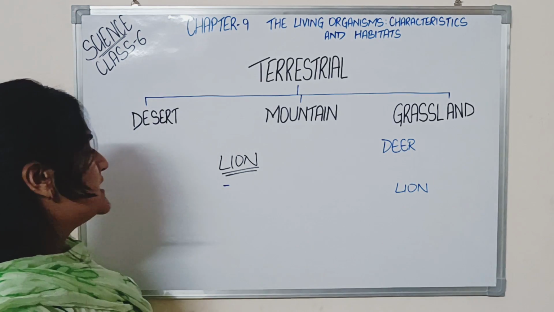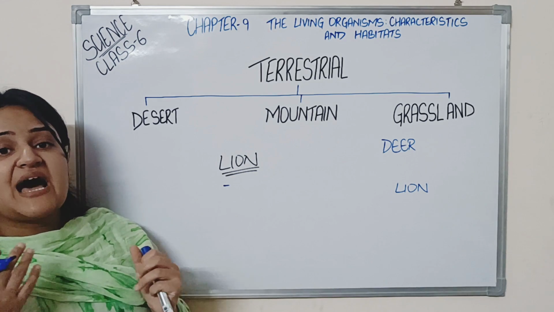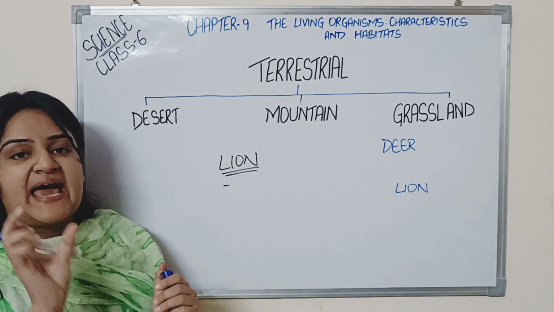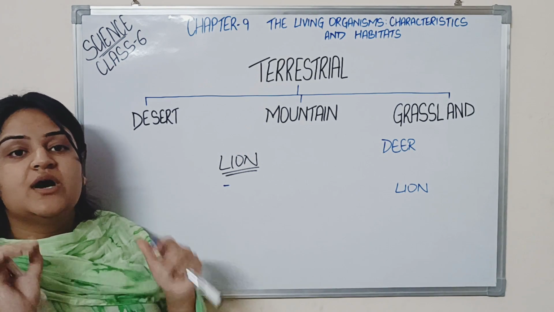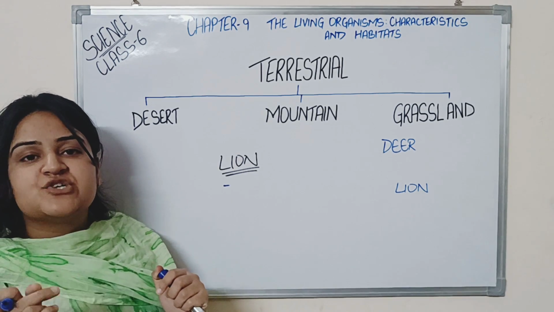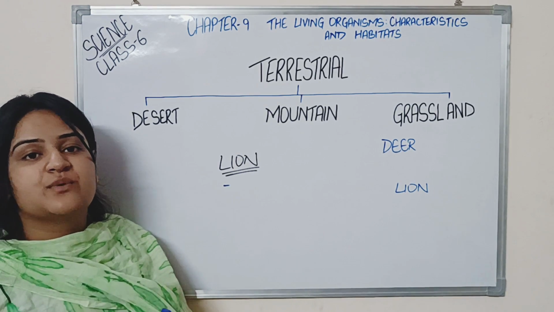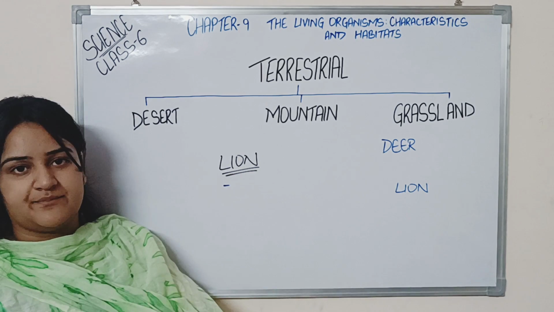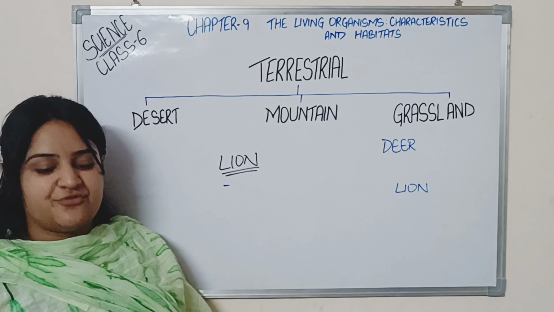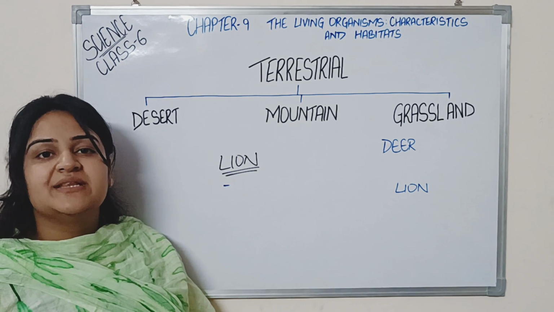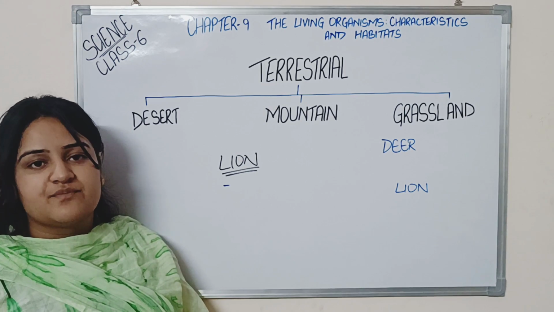The eyes in front actually help the lion to focus, to measure the distance between himself and the prey.